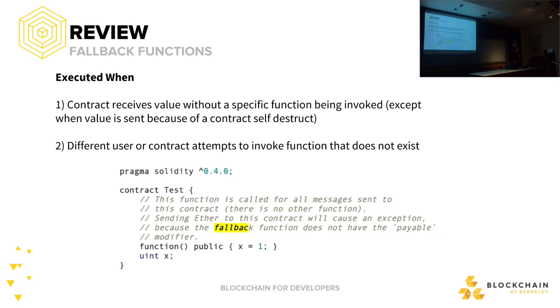But if the fallback function isn't payable, and we try to send value to a contract without invoking a specific function, then the payment is going to fail. It's just reverted. The ether is returned to the person who's calling or trying to make the payment.